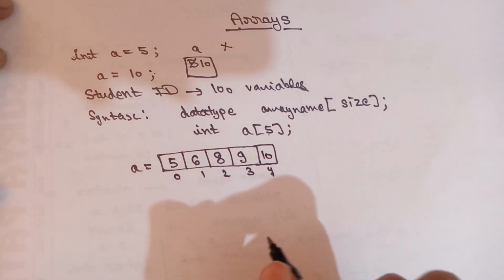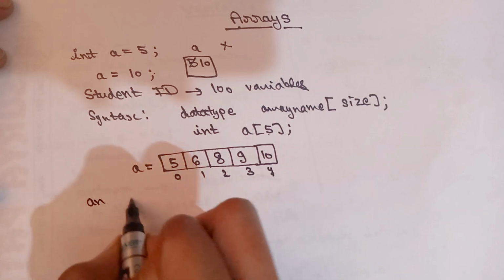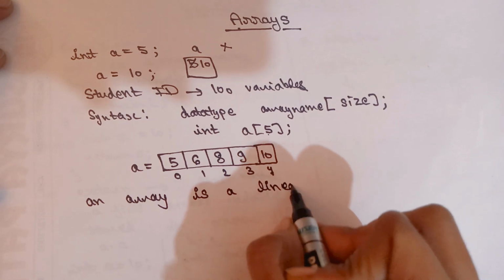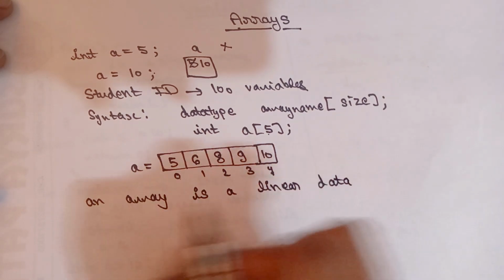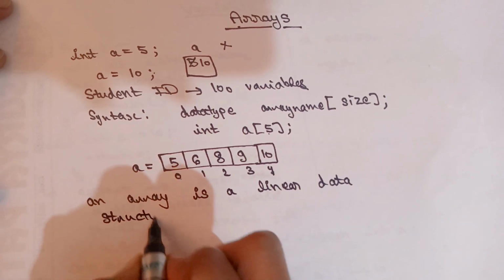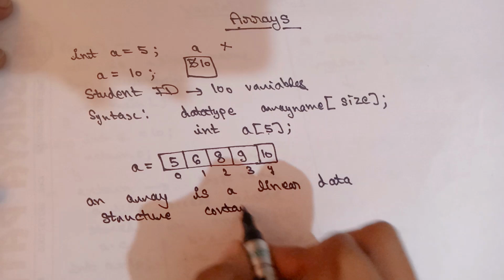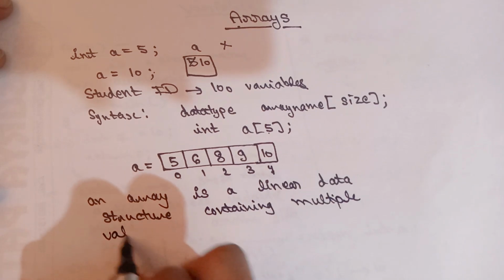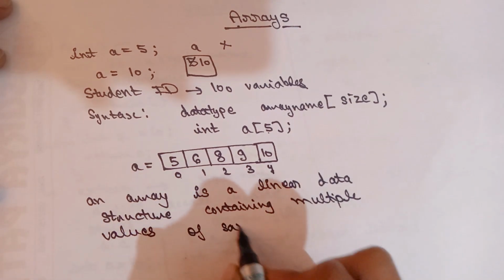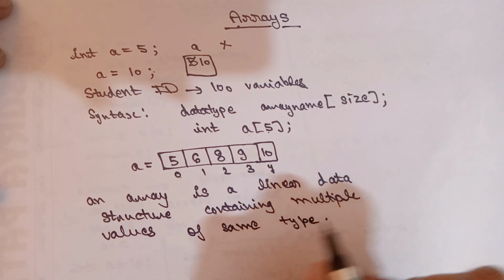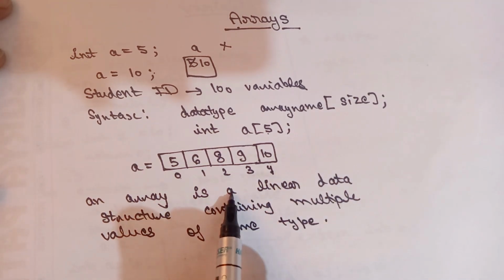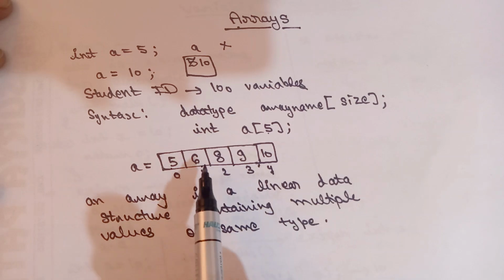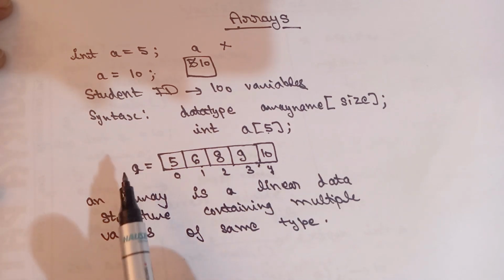Alright. Now we can switch to the definition. An array is a linear data structure containing multiple values of same data type. This means that in the memory, the values of array are stored in a sequence, a contiguous block of memory, and the array variable contains multiple values.